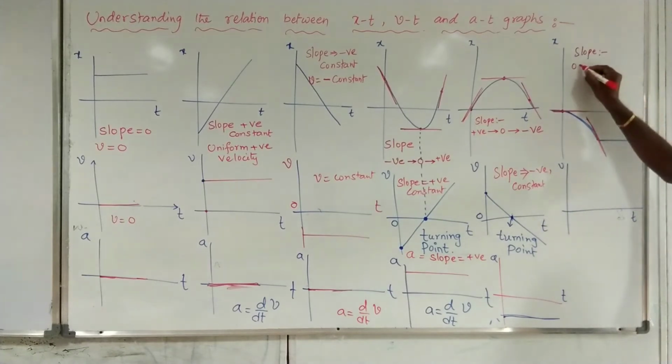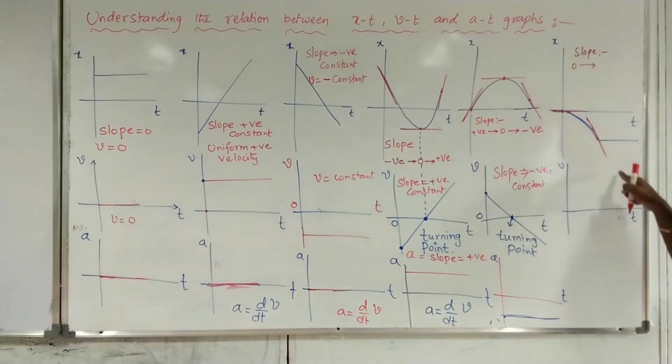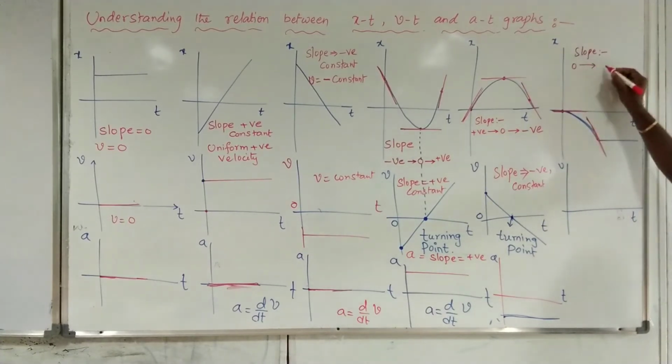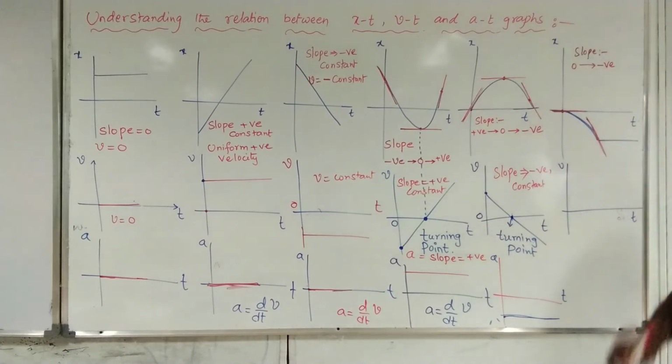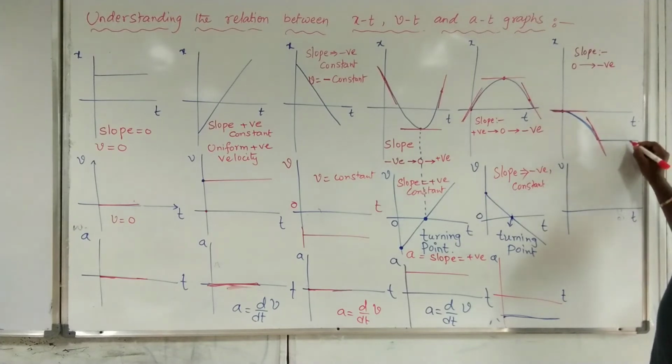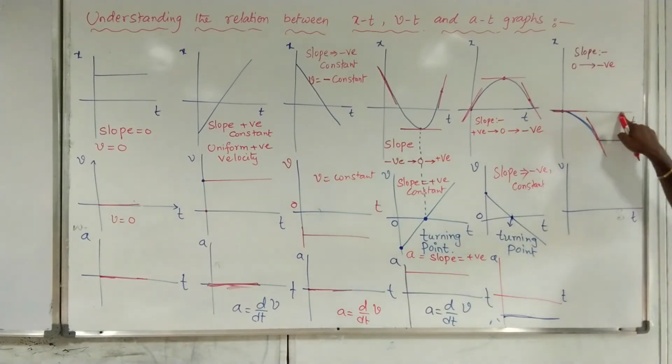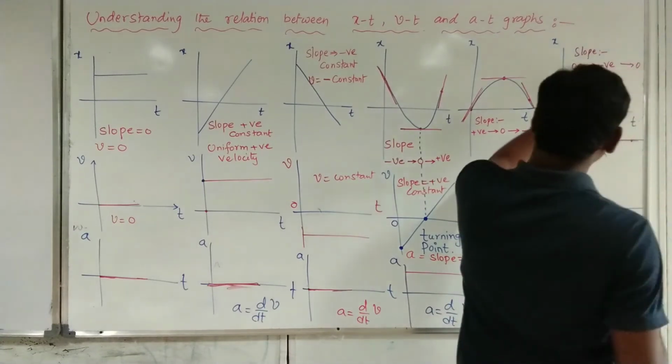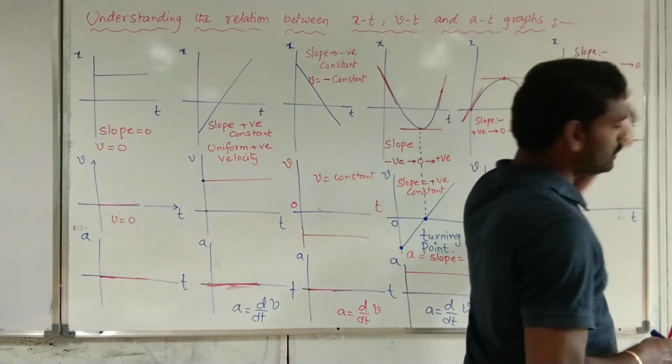The slope will be a downward line, and the slope of a downward line is negative. Consider this point. At this point, draw a tangent like this. Again this line is parallel to the time axis, so the slope is equal to 0. The slope is changing from 0 to negative, negative to 0.